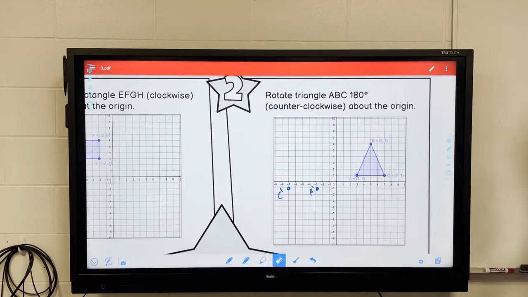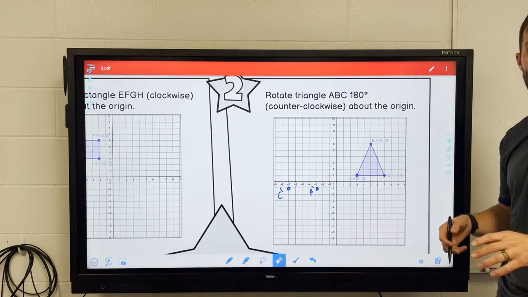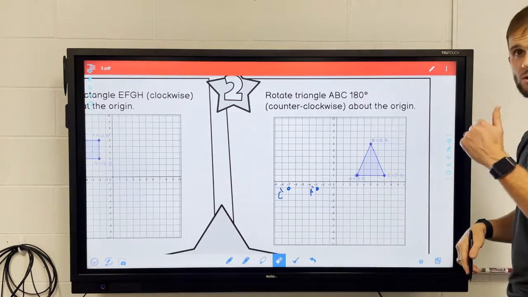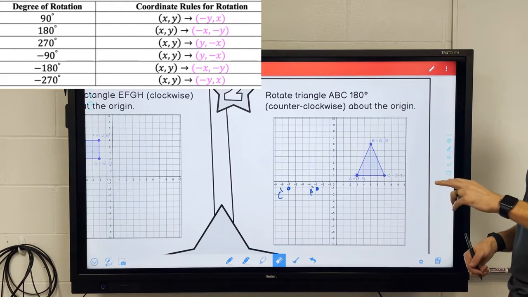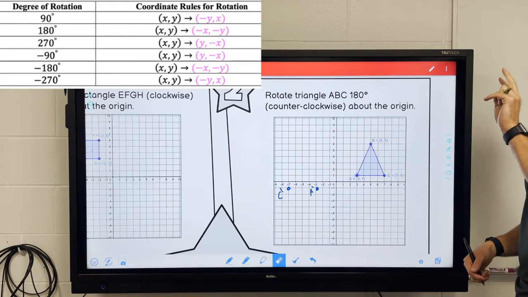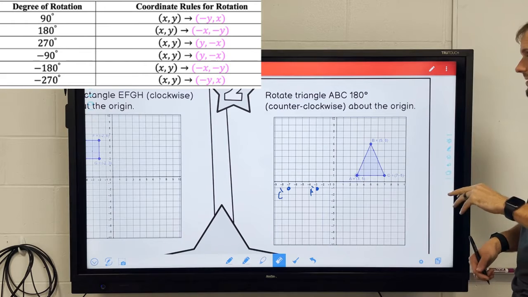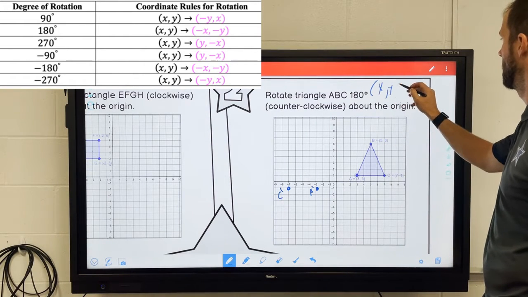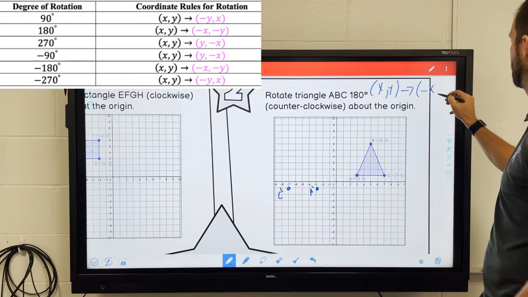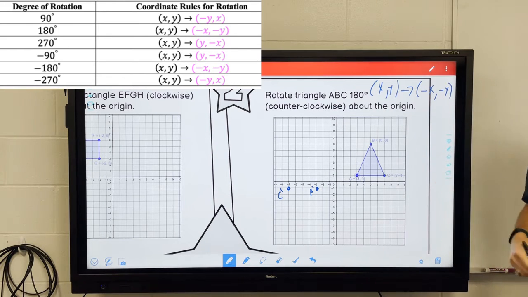And then now lastly, I'm actually going to do B mathematically, okay? So again, earlier I showed you guys the rules. I'll show it again up in the corner, and I'm going 180 degrees. So that means I'm just going to change the signs to their opposite. So I'm taking B, x comma y, and it is turning into negative x, negative y. I'm literally just changing the signs, that's all I'm doing.